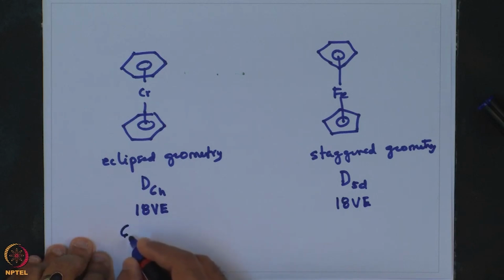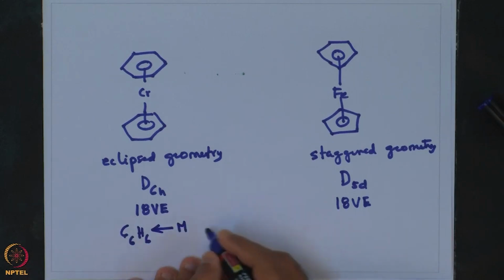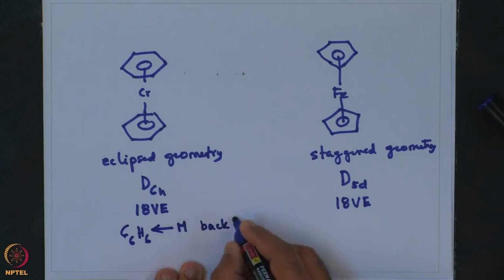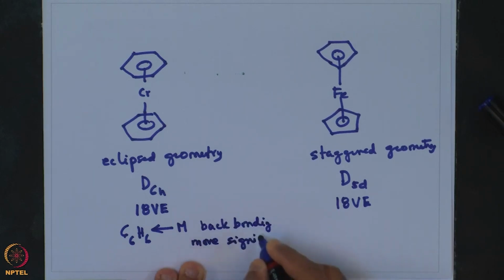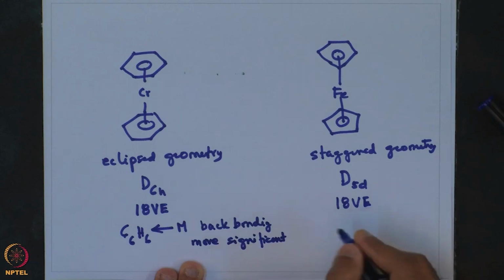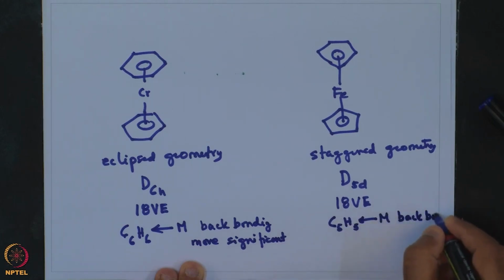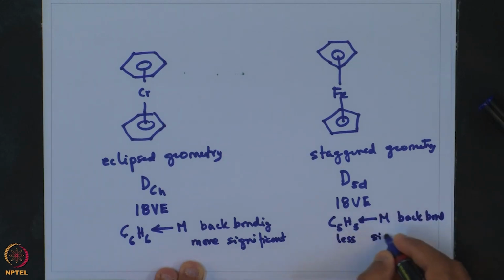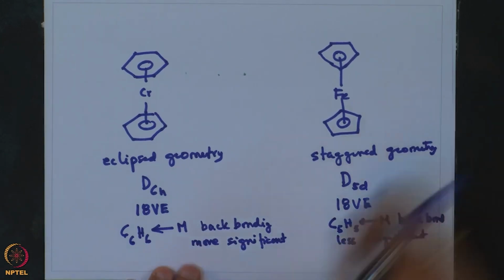So, in C6H6 M, back bonding is more significant, as compared to the Cp complex. This makes sense or is quite intuitive, given the fact that benzene is a neutral ligand.